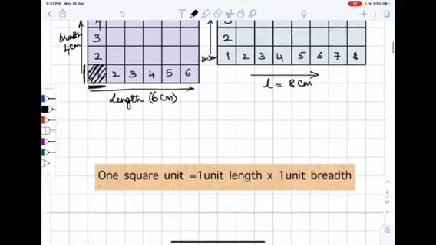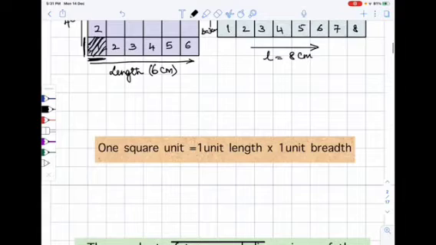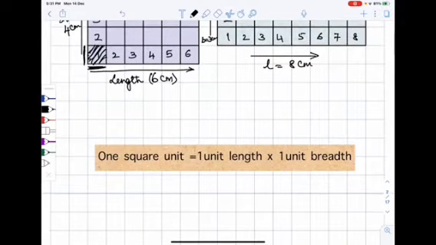That is, 1 square unit is equal to 1 unit length into 1 unit breadth, which is again equal to, what is this 1 unit length is how much? This is 1 centimeter into 1 centimeter breadth again, correct?